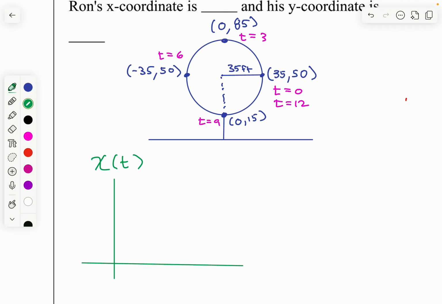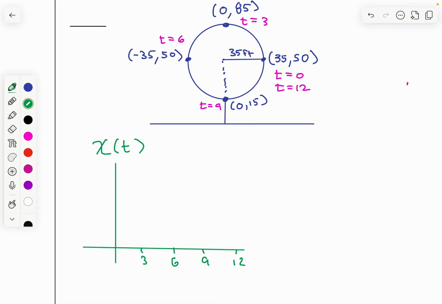Okay, so I'm going to do my x coordinate here first. Time is 12 seconds for both. Okay, we'll start with this one. And so we just need to plot these points where our independent variable here is t. So at time 0, his x coordinate is 35.